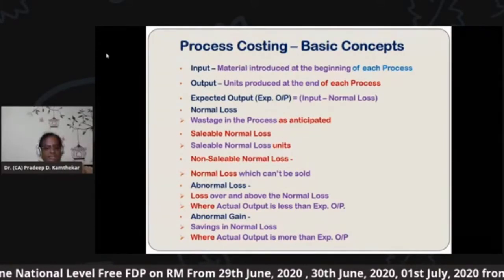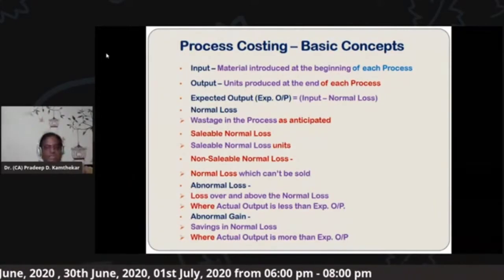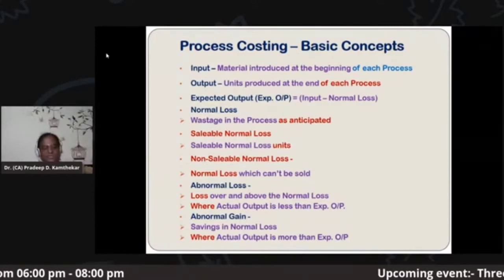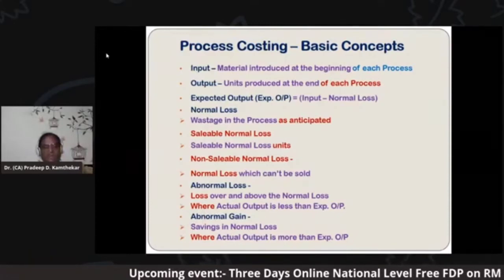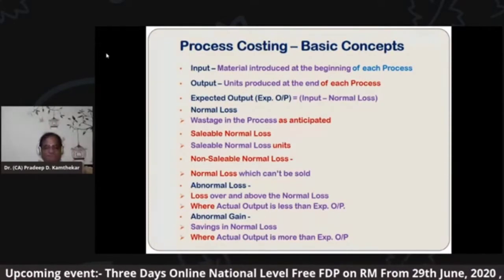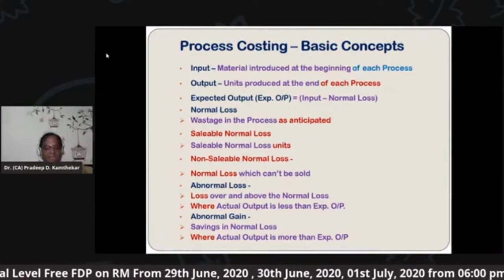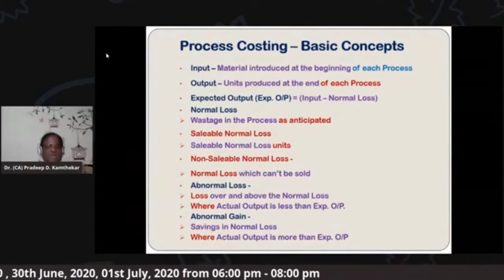So 500 should have been the normal loss. But when we come to know at the end of the process that actual loss is 600, that means over and above normal loss of 500, there is a loss of 100 units. That extra loss of 100 units is called abnormal loss. And this abnormal loss actually is differently valued and accounted for.